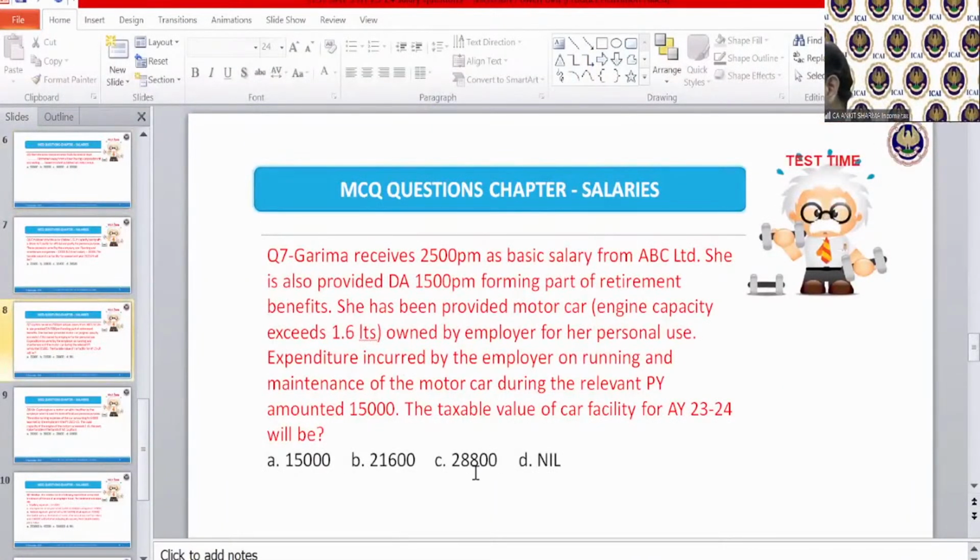What you are asking, Alok, if question 7 is for a specified employee, then Garima is a specified employee because 50,000 per annum. But in this question, she is not a specified employee. If that salary is more than 50,000 per annum, then yes, she is going to be a specified employee. I guess this is what you're asking. In this case, because her salary is less than 50,000, that's why she's not a specified employee. Okay.